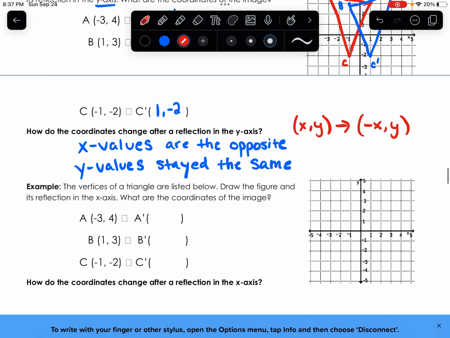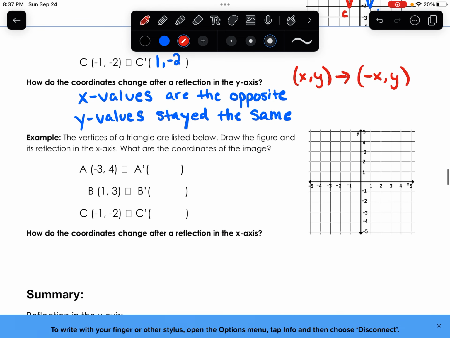All right, so looking at the next one, if we were going to plot our original, we're at -3, 4 was A, 1, 3 was B, and -1, -2 was C. So we have that same triangle. And this time we're reflecting it across the x-axis.